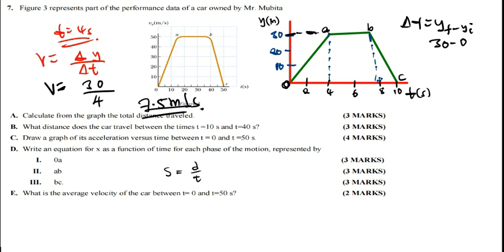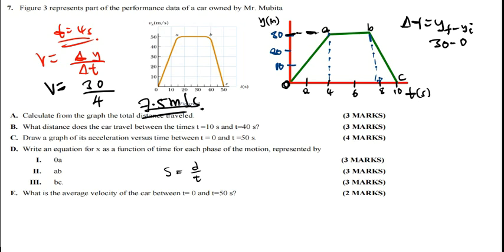Now, as you are resting there, the time is going, because you might reach Kabwe and wait maybe about 30 minutes. Time is going, but the distance is not going. You are not moving, the distance is constant, it is still at 30 meters.